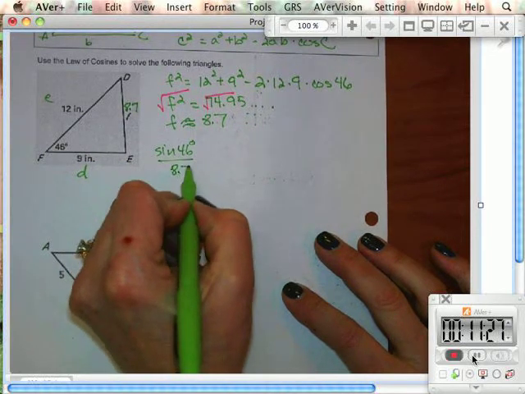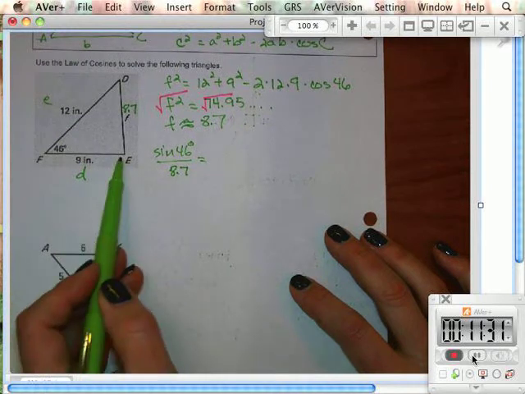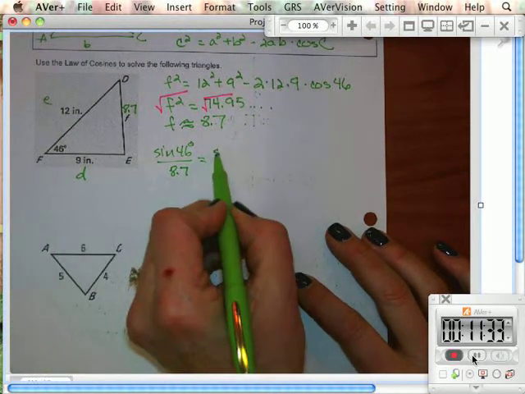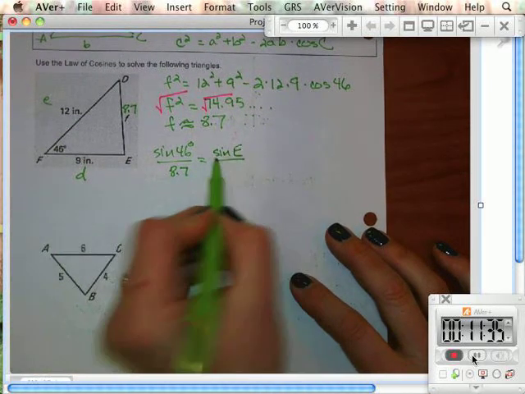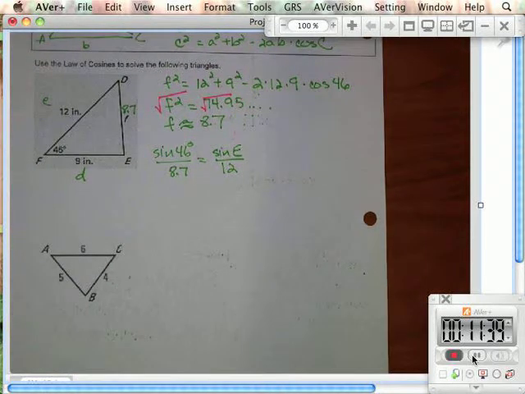What angle do you want to find now? E. Okay. So I'm going to say the sine of E over 12. Remember this? Okay, are you going to get the angle measure just off this calculation? No, you're going to have to use inverse. Okay?